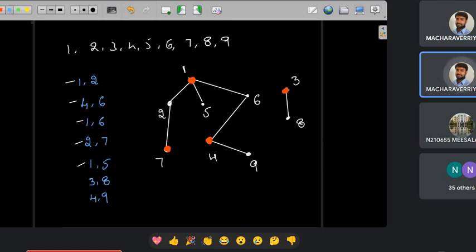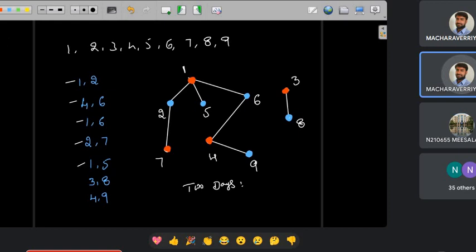Okay, now let me take another color. So this is assigned blue, and this is also blue. Now just 2 slots are enough. So we require only 2 days to conduct the exams.